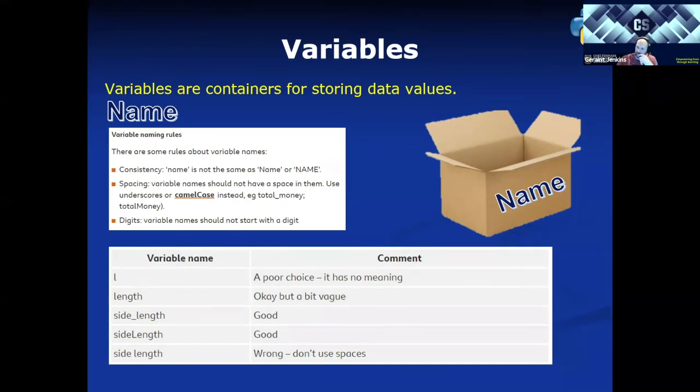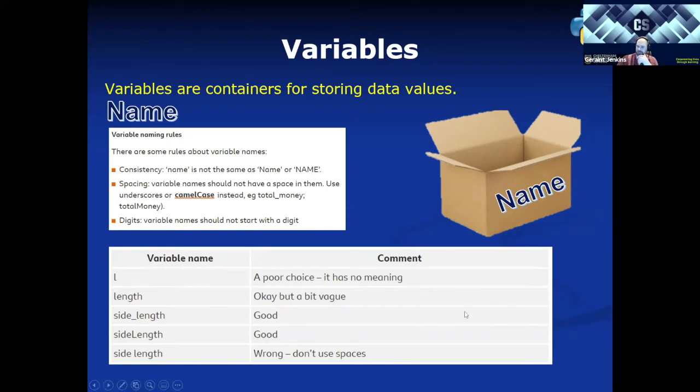For example, for total money, you would name it total underscore money, all lowercase, or do the camel case with a capital M, and that's good practice. That's one of the variable rules. And digits: variable names should not start with a digit. That's another basic rule.